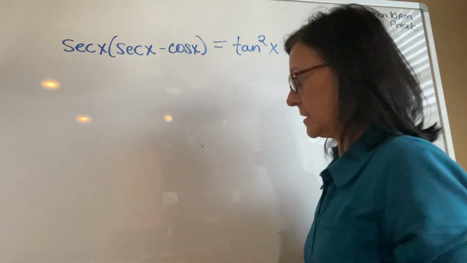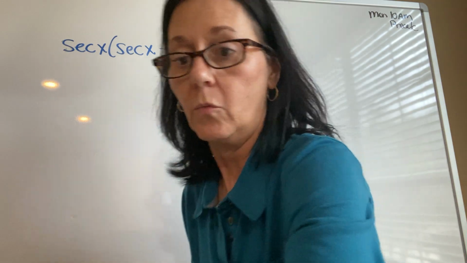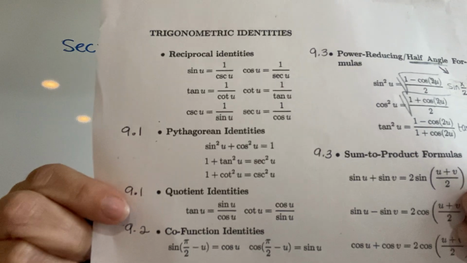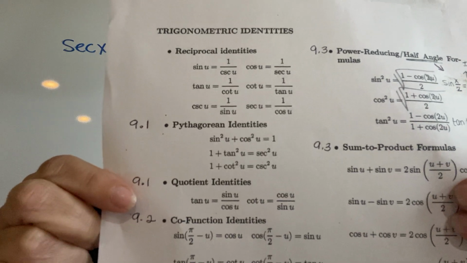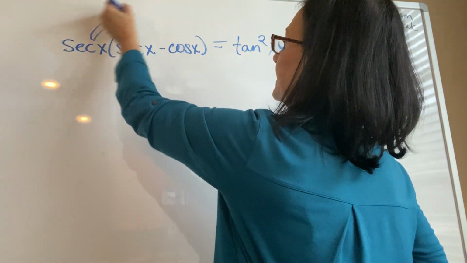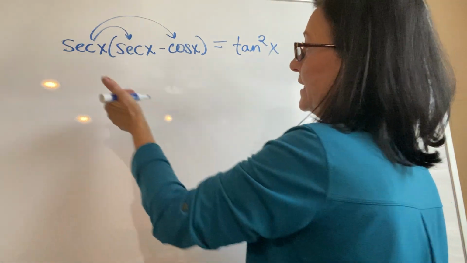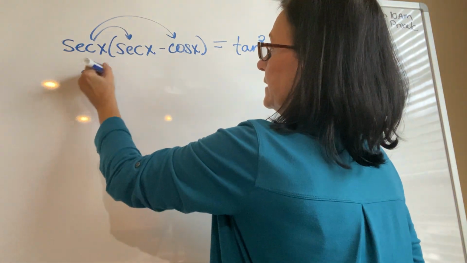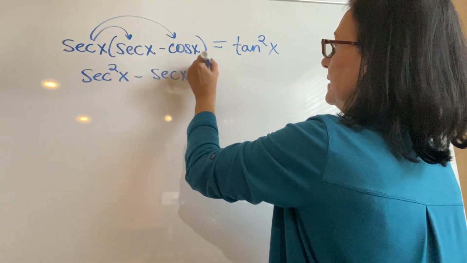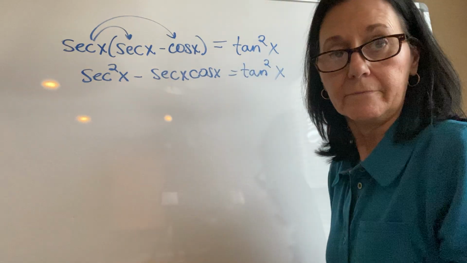When I wrote this, I thought the tan squared x has a Pythagorean identity with the tangent, so that 1 plus the tan squared equals the secant squared. So I'm going to go ahead and distribute, because then I can substitute in the tan. We have the secant squared x minus the secant of x times the cosine x equals the tan squared x.